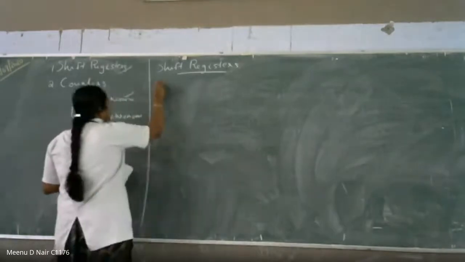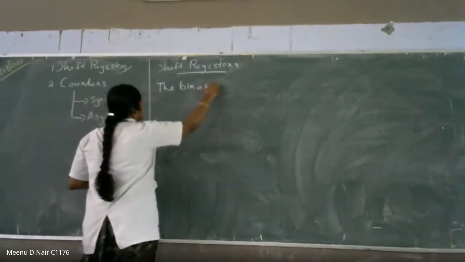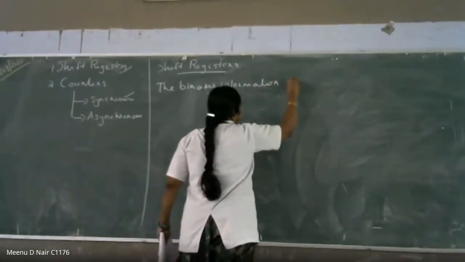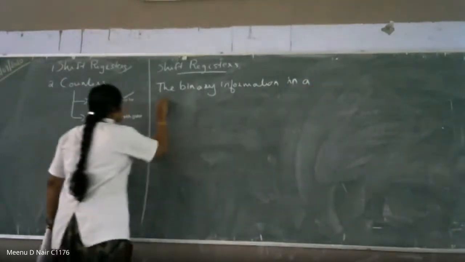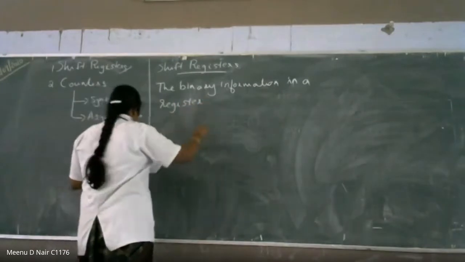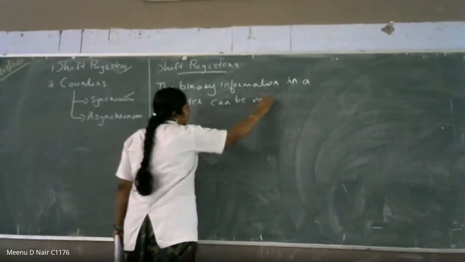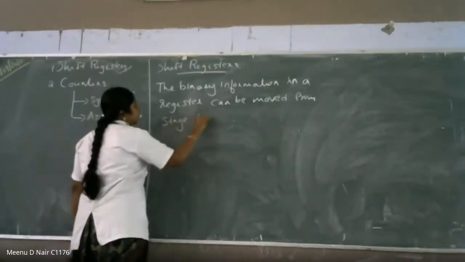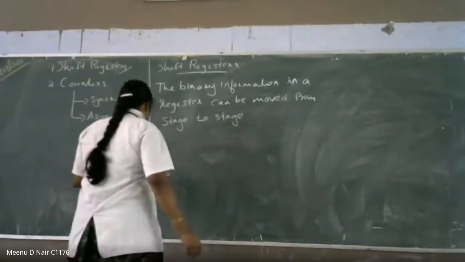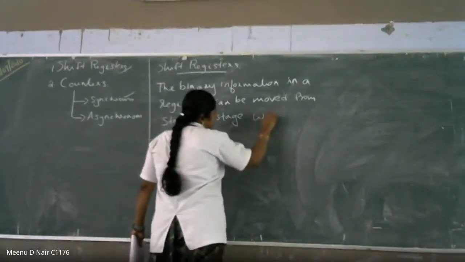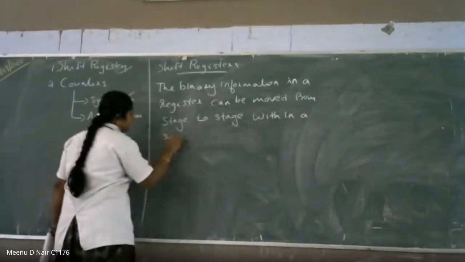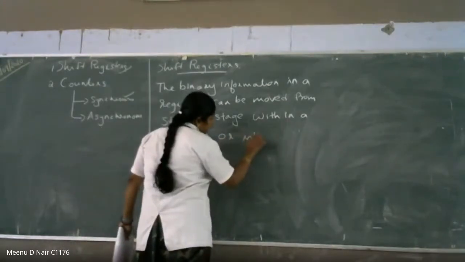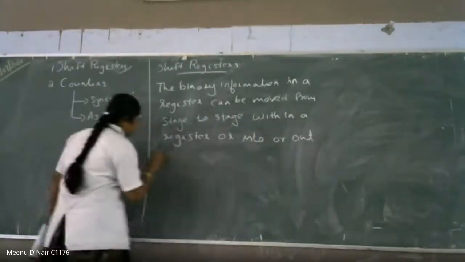The definition of a shift register is: the binary information in a register can be moved from stage to stage within a register, or into or out of the register.